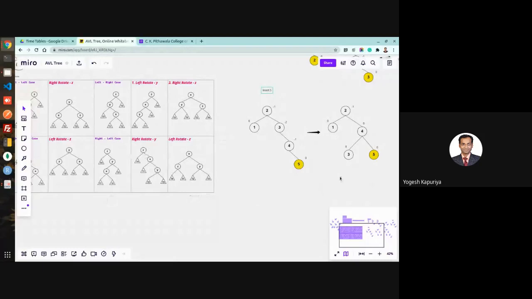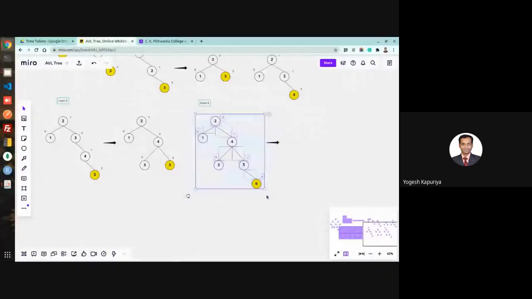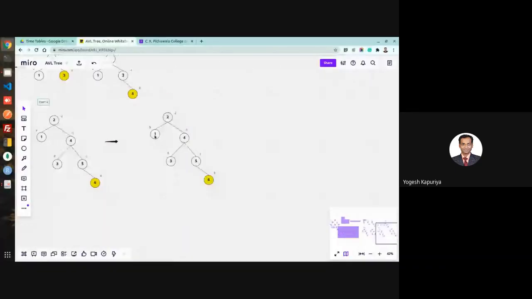That means this 2 will be rotated. When 2 is rotated, 4 will take its position. Whatever is on the left of 4 will go to the right of 2. 5, 10, 6. Right.